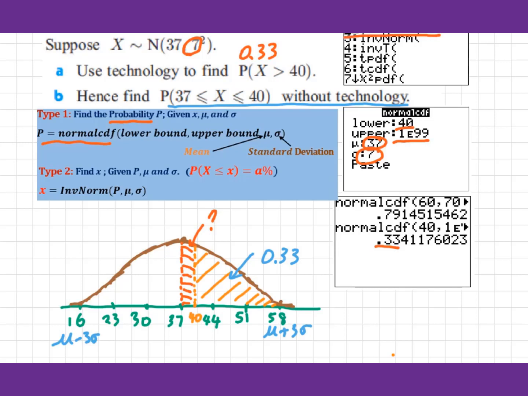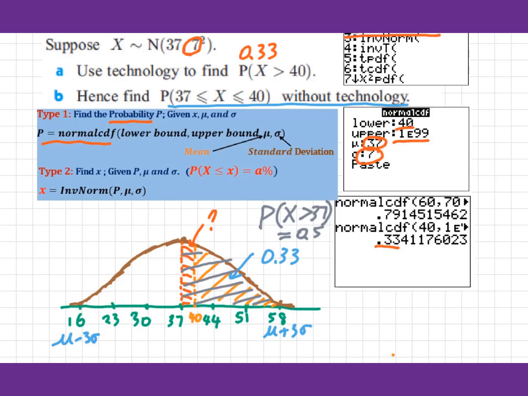As we know, this is a symmetric curve, which means the probability that X is greater than 37 equals 0.5. Half, that is 0.5.